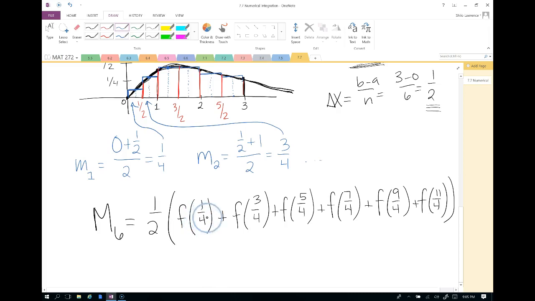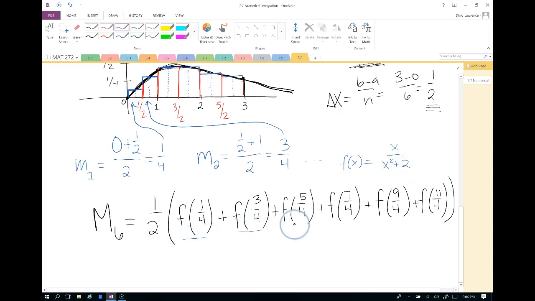Now I'm not using 1/4 as my height, I'm just using 1/4 as the location on the x-axis that I'm using to find my height. So now I need to take those x values and plug them back into my function. Remember, the function was x over x squared plus 2.